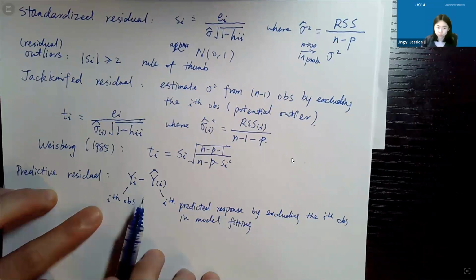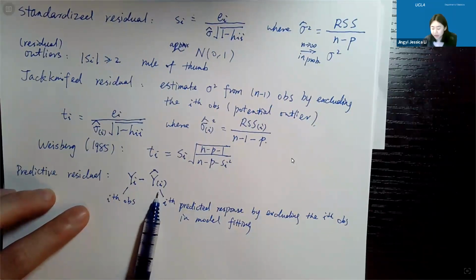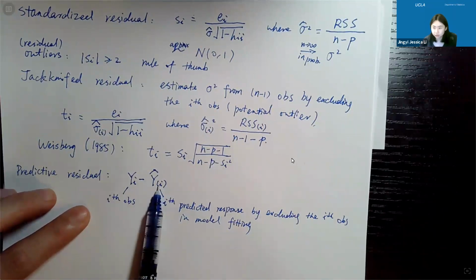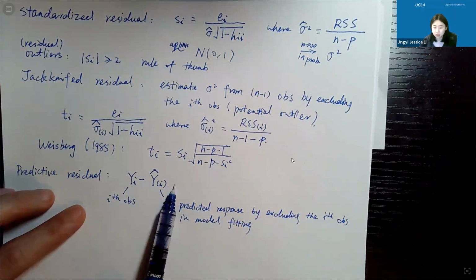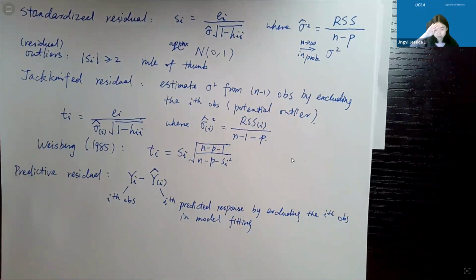Which means that we are fitting a model based on the other n-1 observations and apply that model to the ith observation to do the prediction. And then we calculate the difference. This is what we call the predictive residual using the Jackknife.